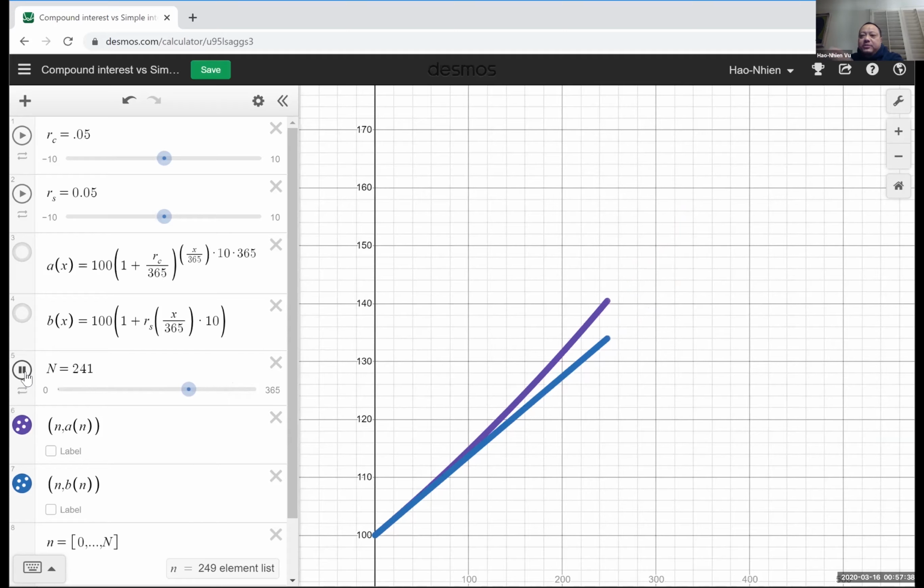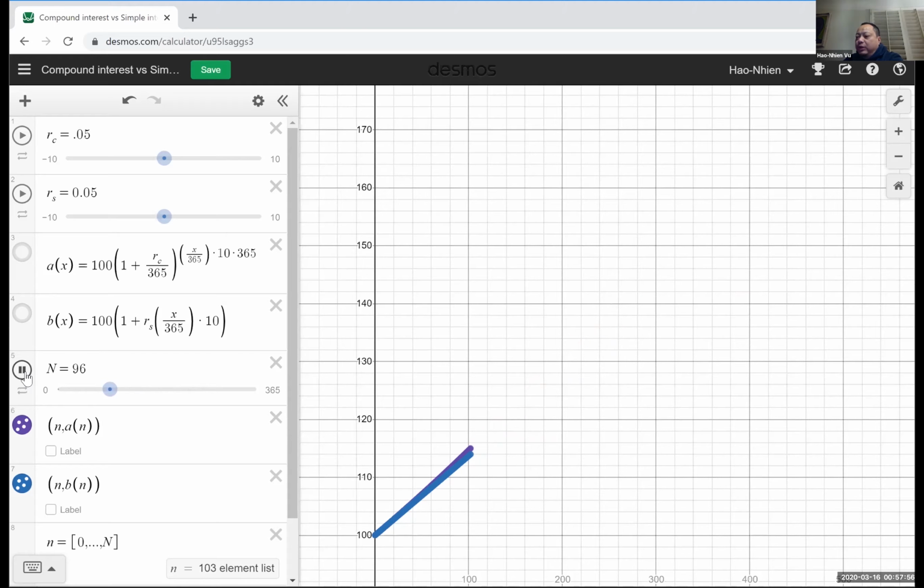At the same 5%, the simple interest doesn't grow as fast. So the APY asks, what kind of simple interest would get me the same thing in 1 year? The graph you're seeing here is 10 years, but the question is 1 year.